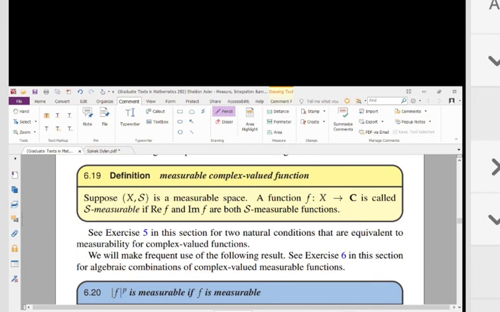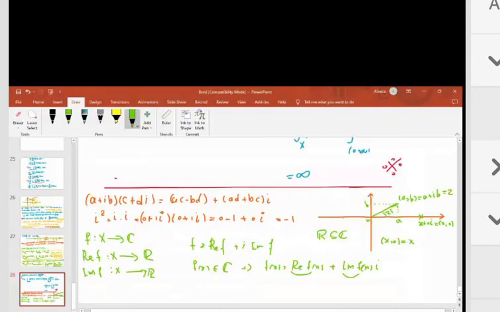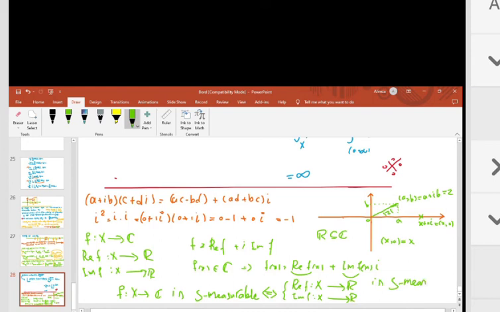We say that f is S measurable function. This is the definition: f from X to C is S measurable if and only if the real part of f from X to R and the imaginary part of f from X to R are S measurable.